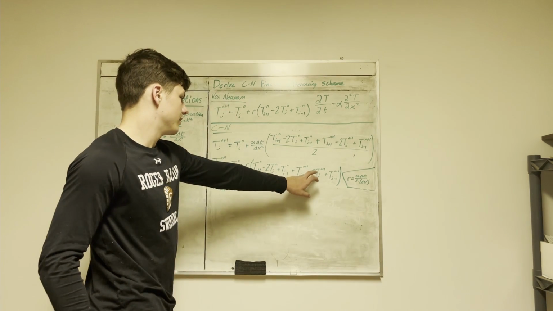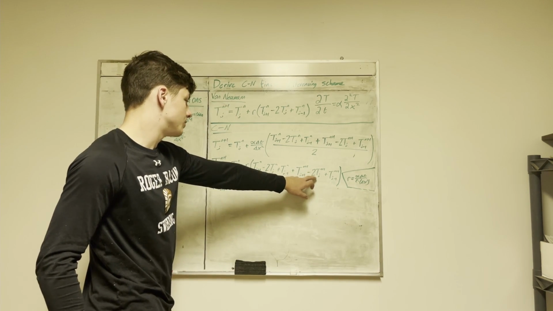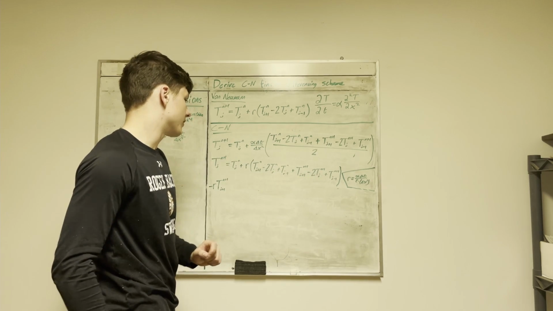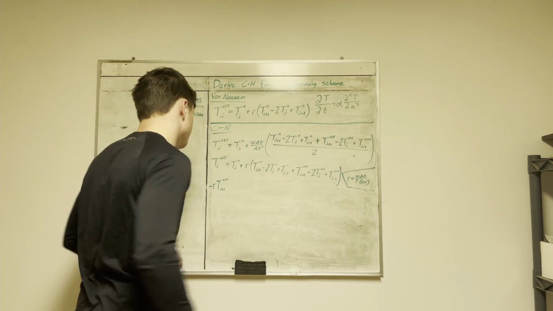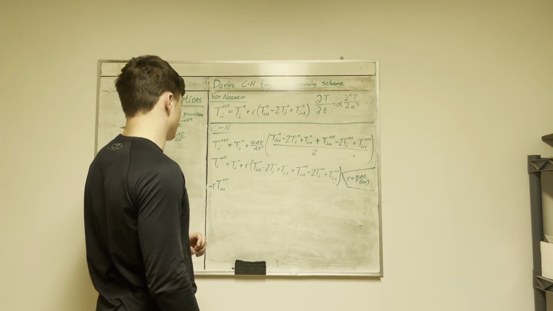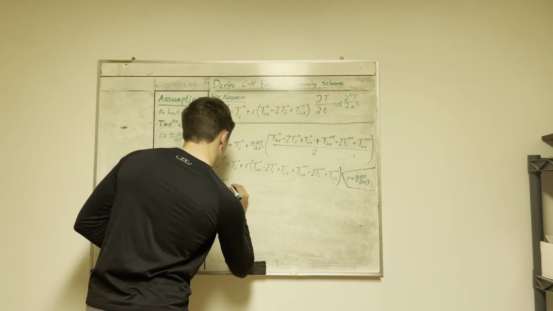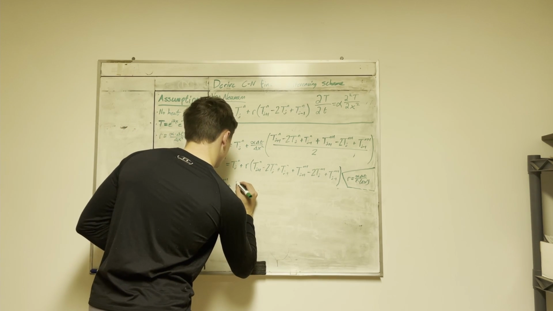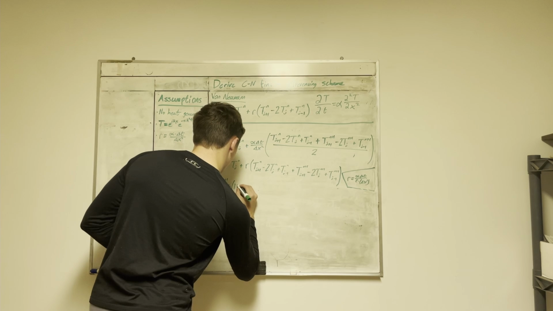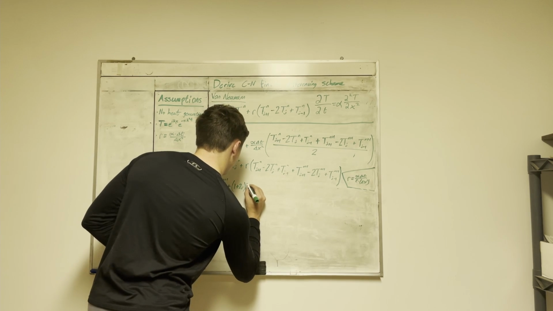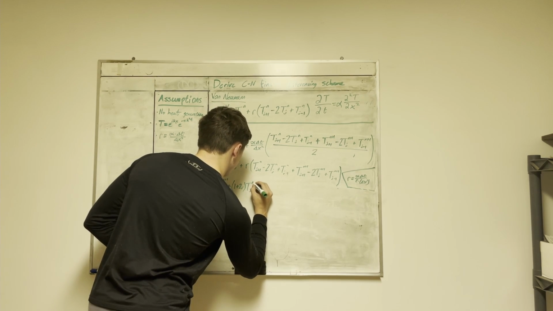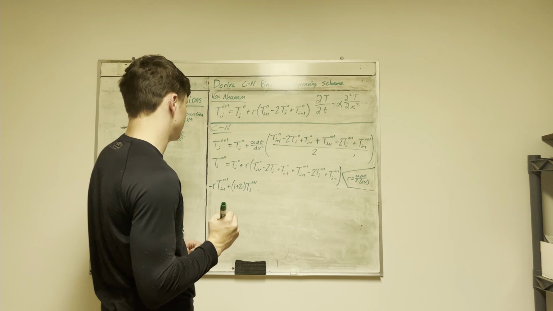And then we have minus 2 times the temperature at some position J at a later time n plus 1. And so then we get plus 1 plus 2R times the temperature at position J, time n plus 1.